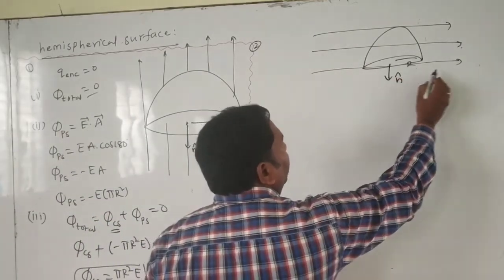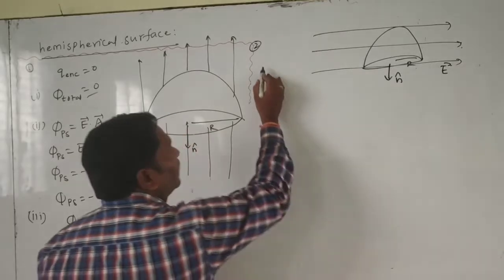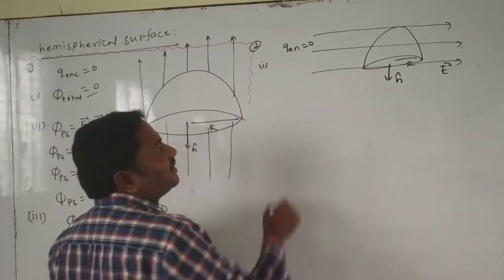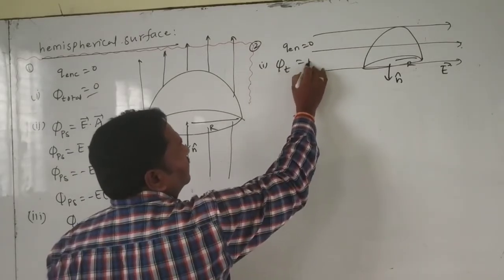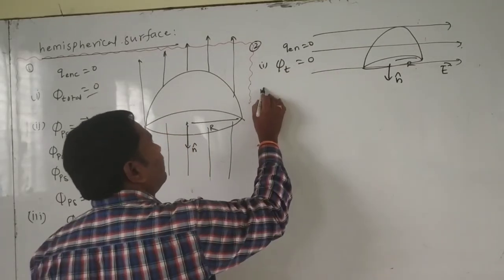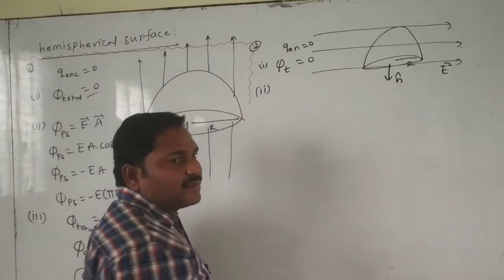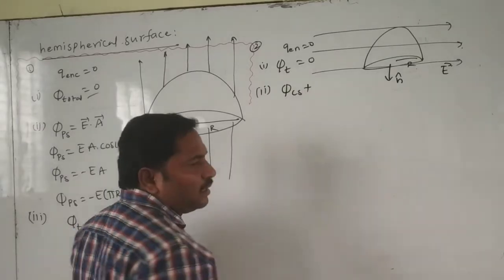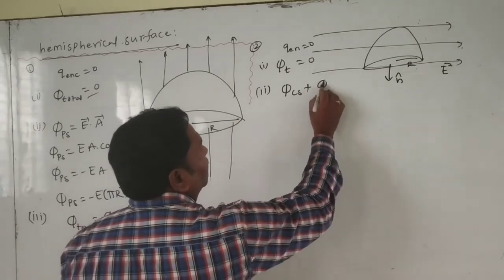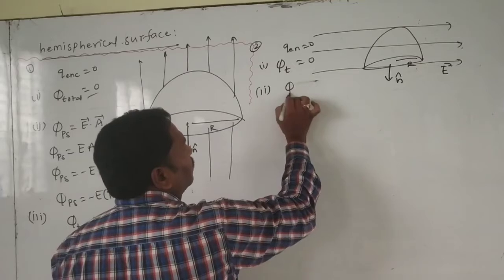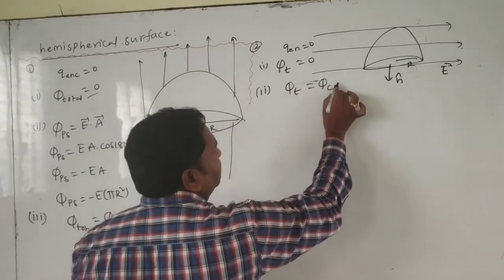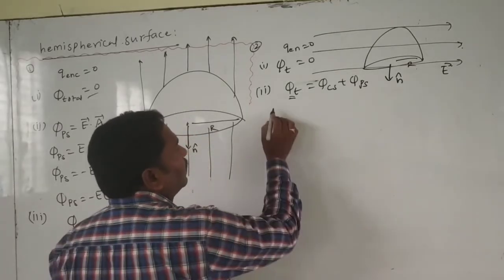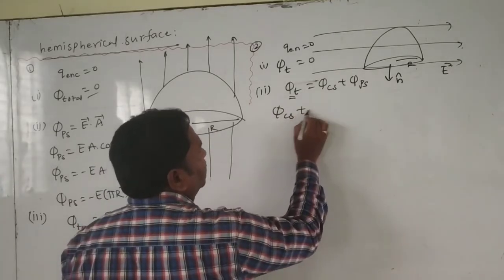First, we know the charge equals 0, and charge equal to 0 means total flux is 0. The total flux is equal to curved surface plus flat surface flux. The total flux is 0.